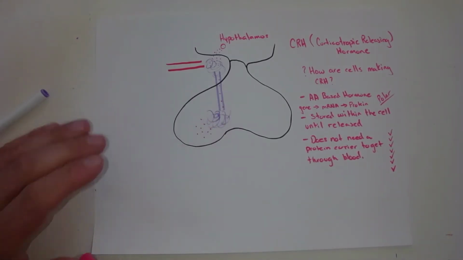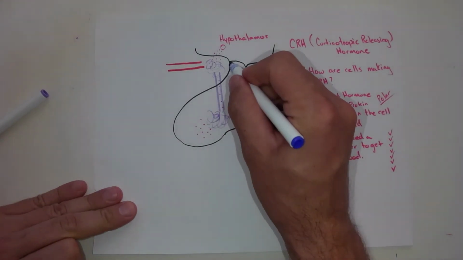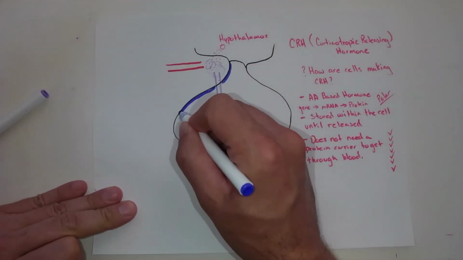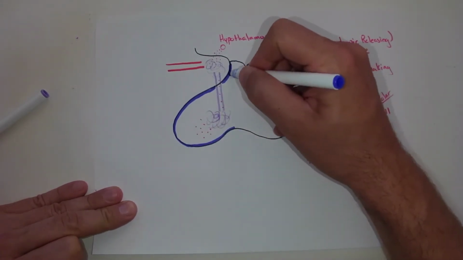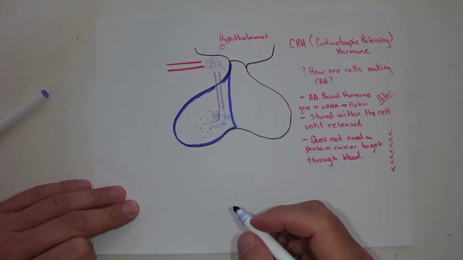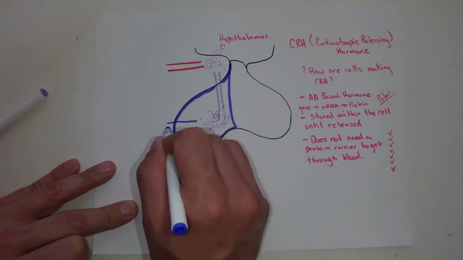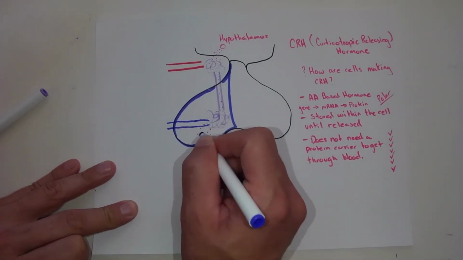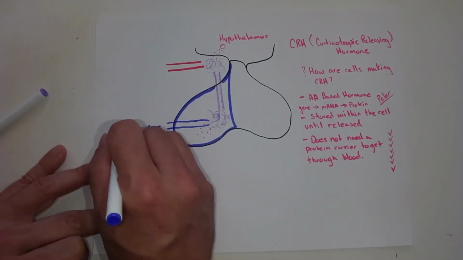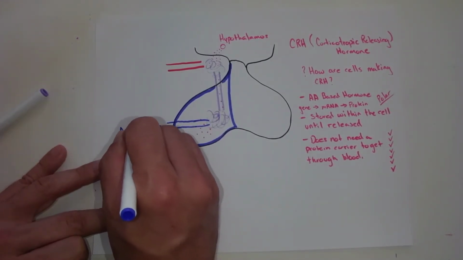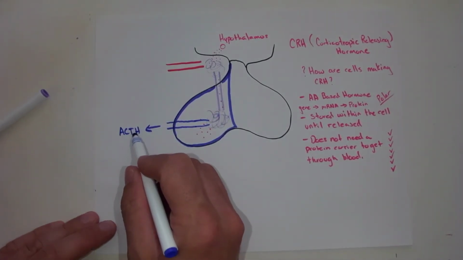The target organ is the anterior pituitary. And what it's going to do is it's going to cause this anterior pituitary to release a hormone of its own. It's going to affect the cells in here to release ACTH, adrenocorticotropic hormone.